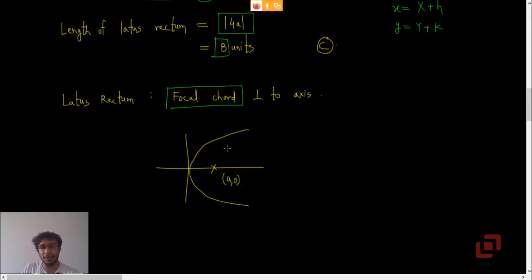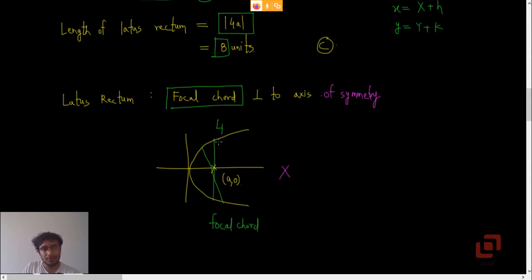Now if you draw any chord, or if you draw a line joining any 2 points on the parabola, and if that line passes through the focus of the parabola, then we call that line as a focal chord. So any chord that passes through the focus of conic is called as a focal chord. Okay. Now latus rectum is that focal chord which is perpendicular to the axis, and when we say axis, we usually mean axis of symmetry. So this parabola has x-axis as its axis of symmetry, so the latus rectum will be this chord.